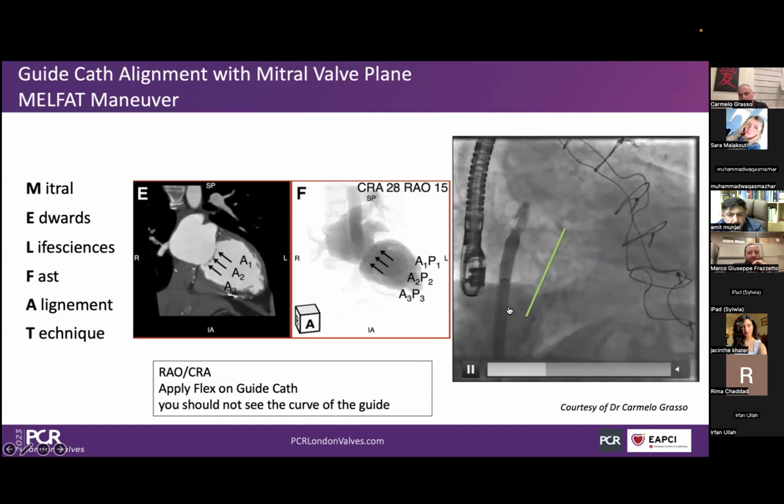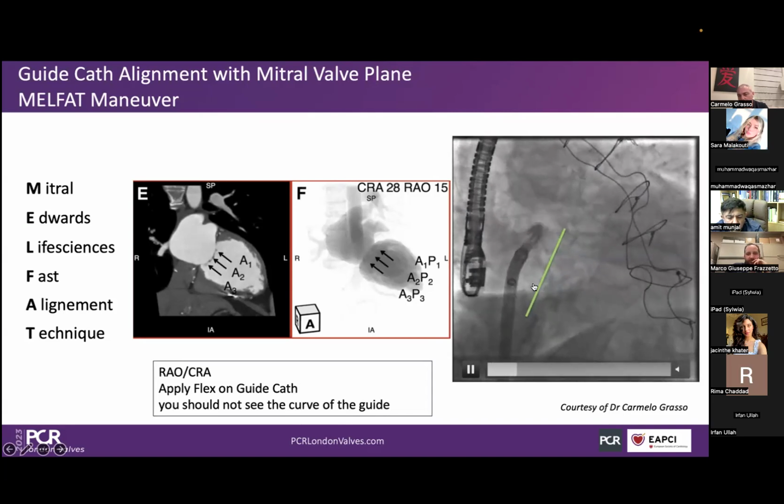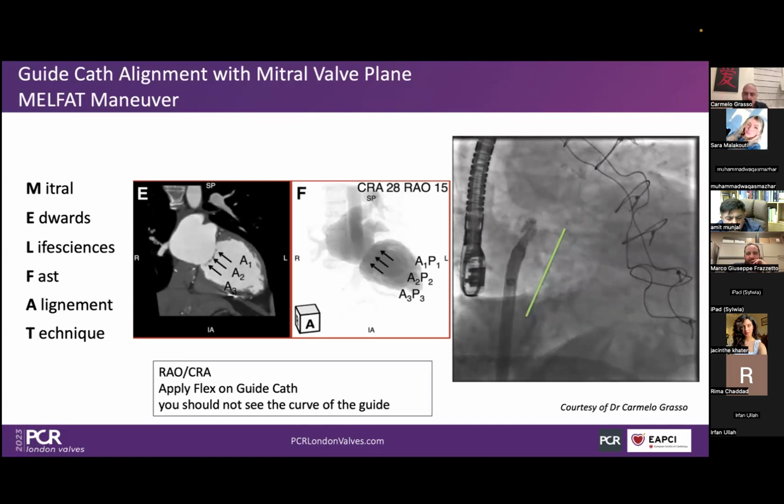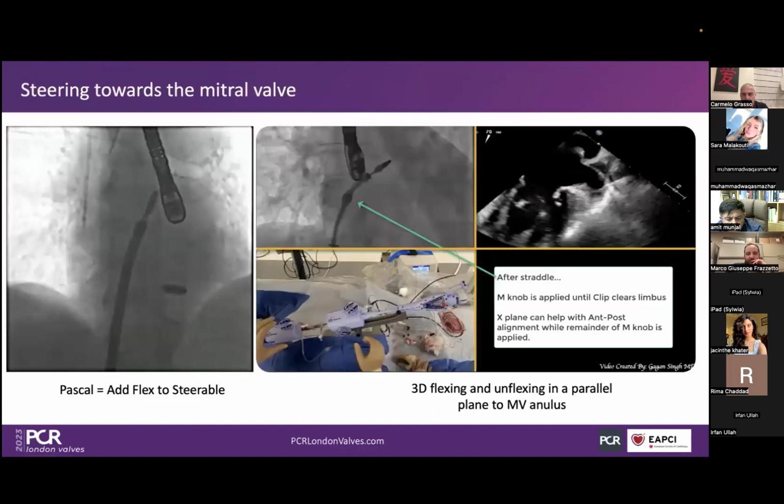Then when we apply flex and unflex to the catheter, you can see that we are parallel to the mitral valve plane. So this is a faster maneuver and much easier to do, and you can use it if you want.